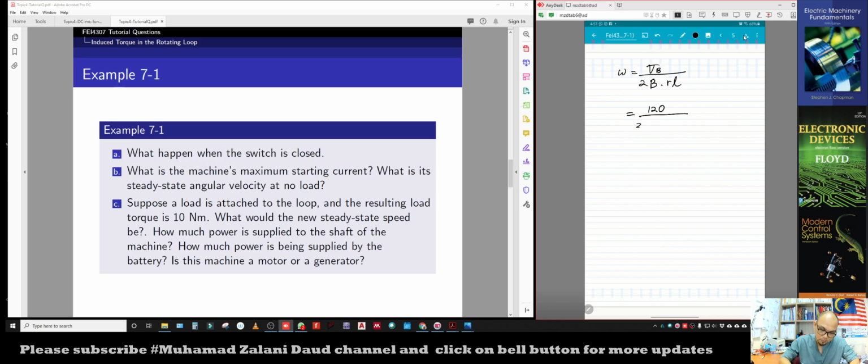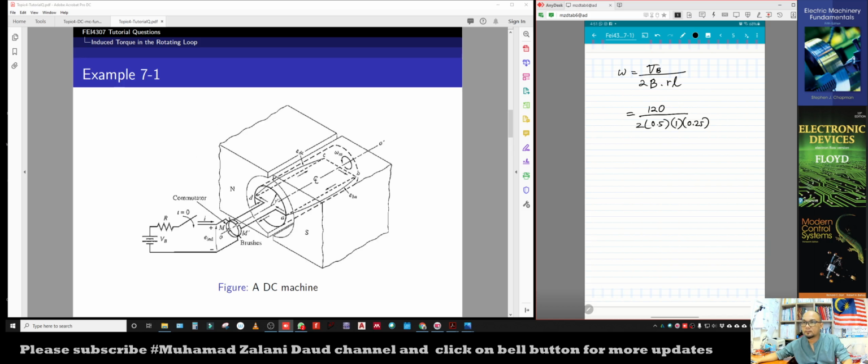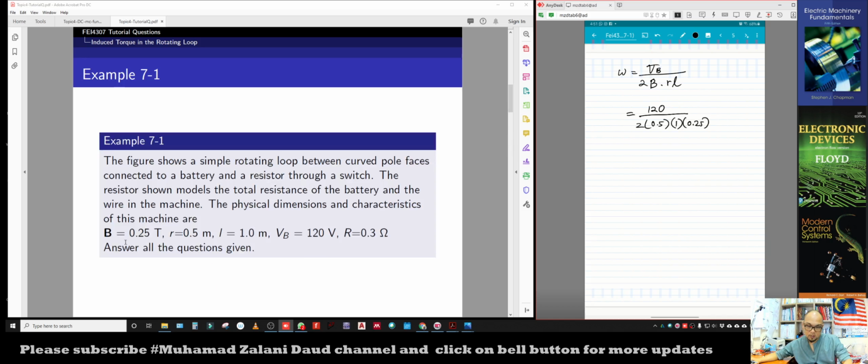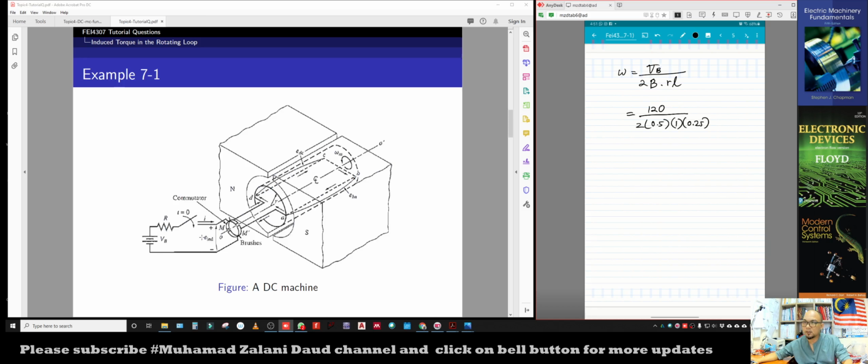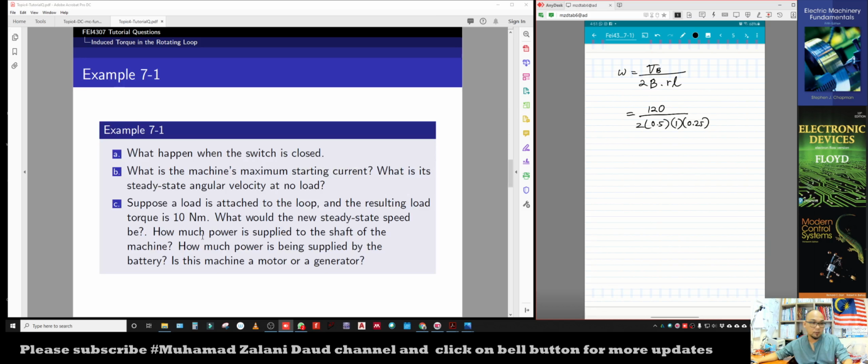Then we can just substitute the values. 120 for VB, B is 0.25, R is 0.5, L is 1. Right? Let's just confirm. B 0.25, R is 0.5, L is 1, VB is 120. Okay, so then from here we have already calculated the omega, which is angular speed, which is the steady state angular velocity.